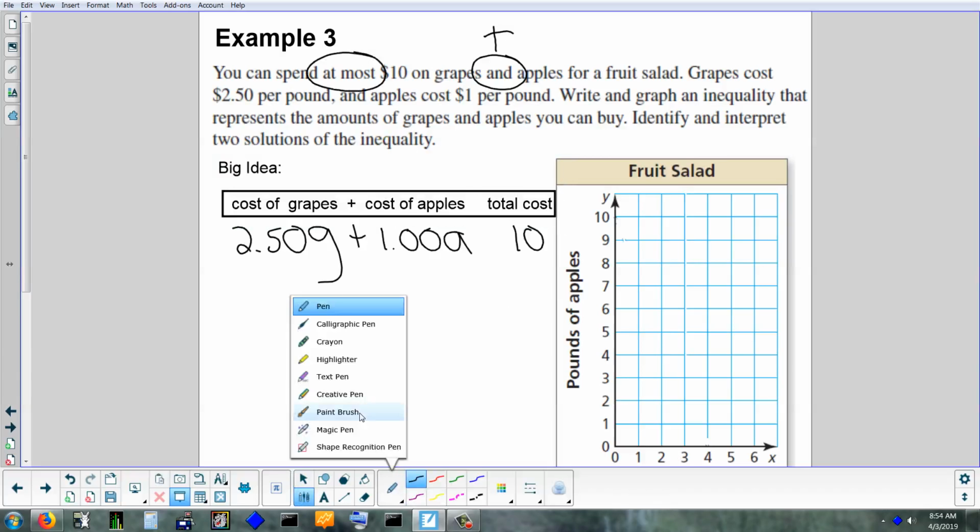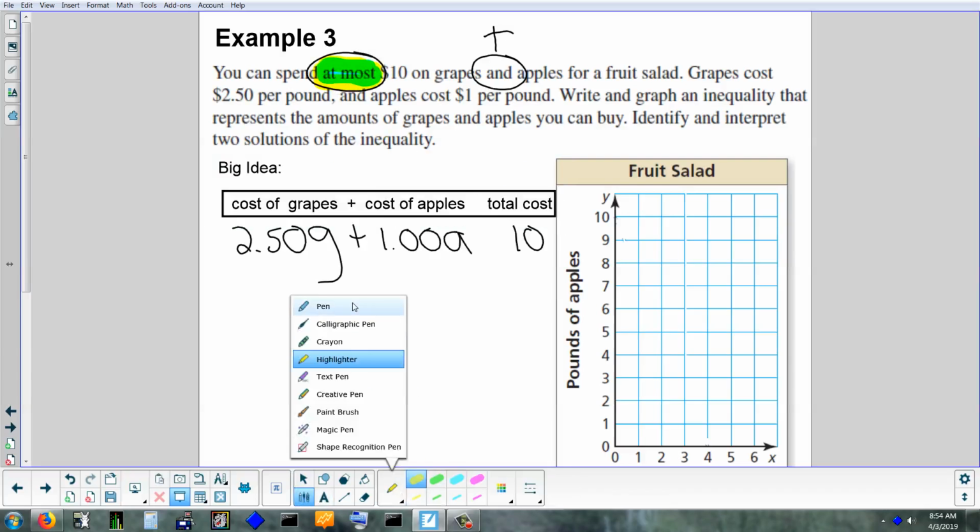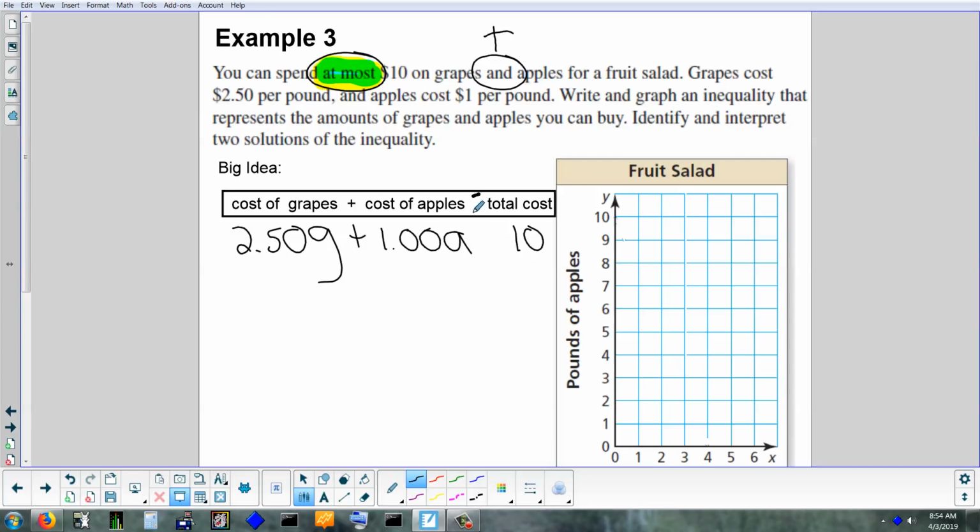That means I can spend no more than $10. $10 is the most I can spend. I can spend up to $10, so it'll be less than or equal to 10.